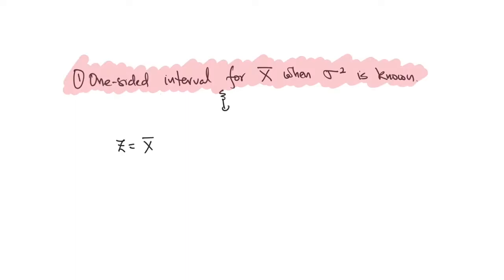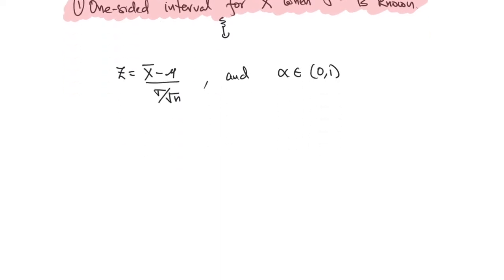Working with the specific situation where the variance is known, we remind ourselves that the statistic of interest is the z statistic, which is x bar minus mu divided by sigma over square root of n. And alpha belonging to 0, 1 gives us the confidence level, that is 1 minus alpha times 100.